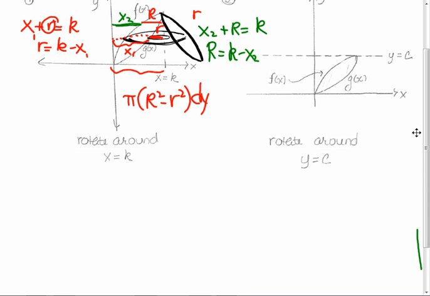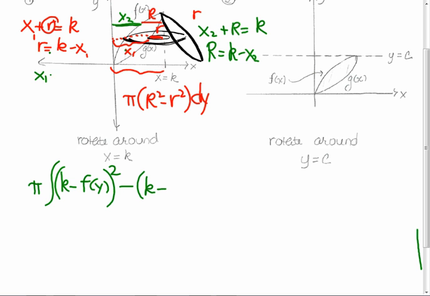So it's pi, and it's the big radius squared, so it's k minus, now the big radius was this x2, that was f of x, so it's f of y, isn't it? Squared minus, then we have to do this one, which is k minus, and this little r has to do with g of x.